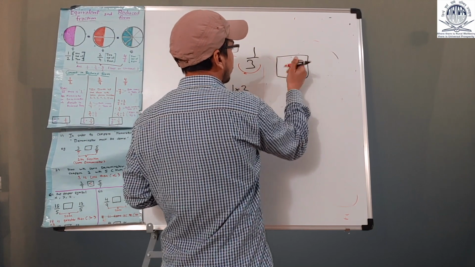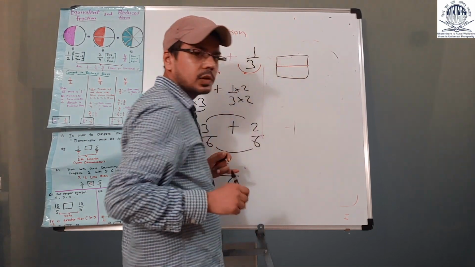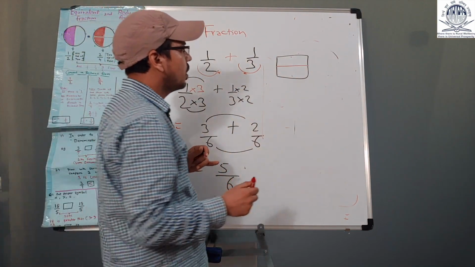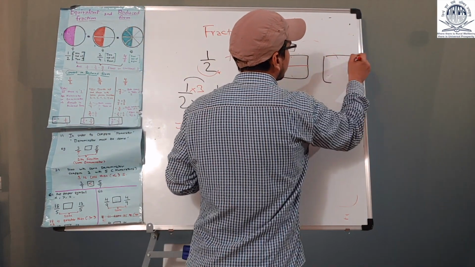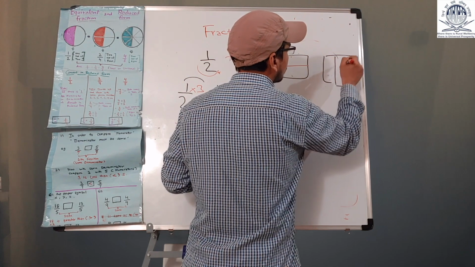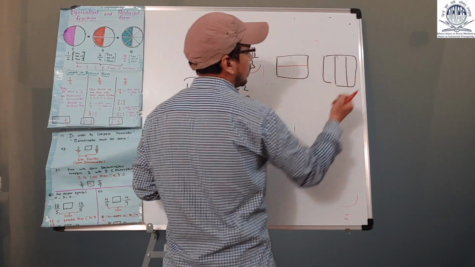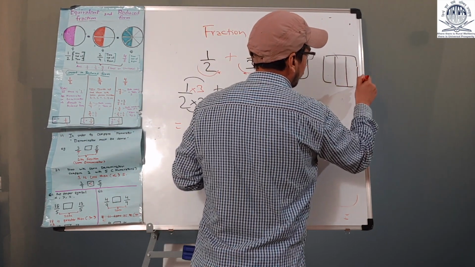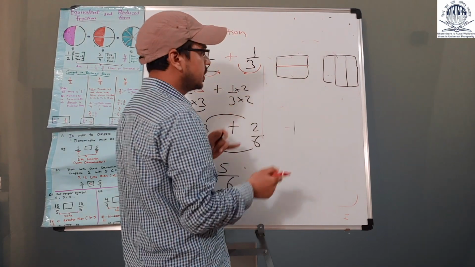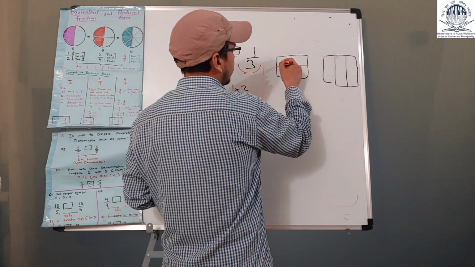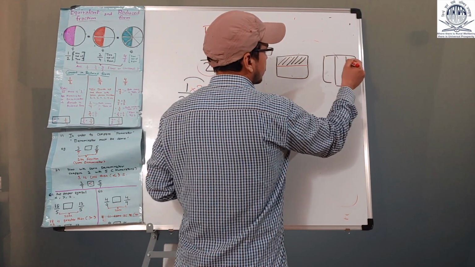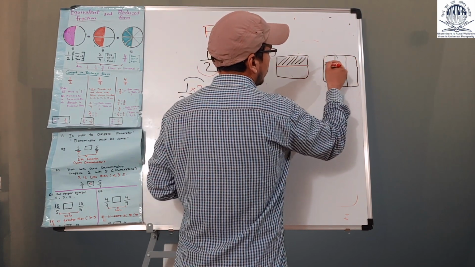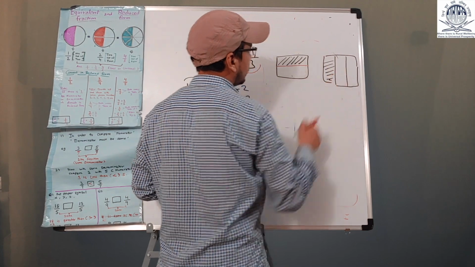And what if for 1 by 3, I can divide it this way. Now, assuming that they are of equal sizes, only the number of divisions are different. So I'll say this is 1 out of 2, and this is 1 out of 3.